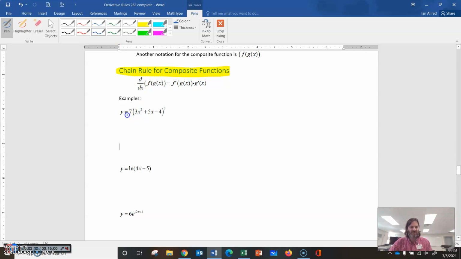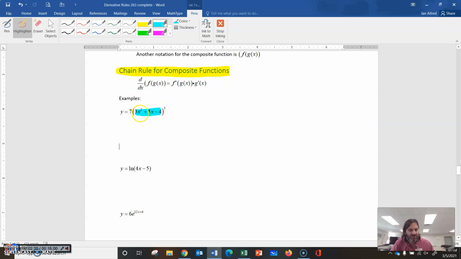My first example is y equals 7 times the quantity 3x squared plus 5x minus 4, and all that's cubed. If I want to make a function decomposition here, usually I'll look for parentheses. Inside that parentheses I see this 3x squared plus 5x minus 4.